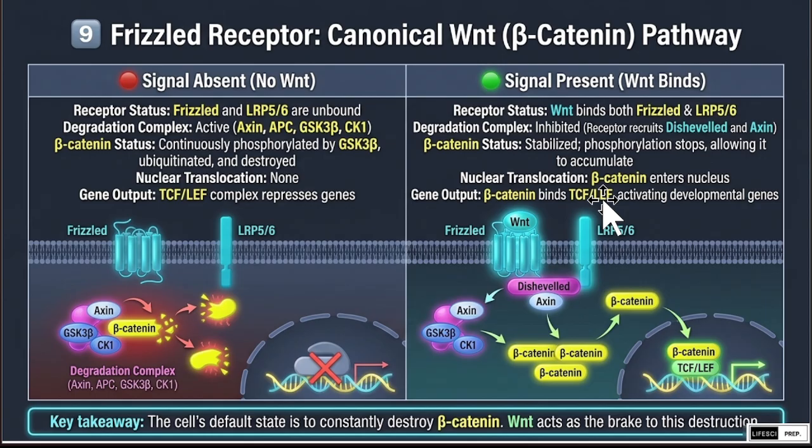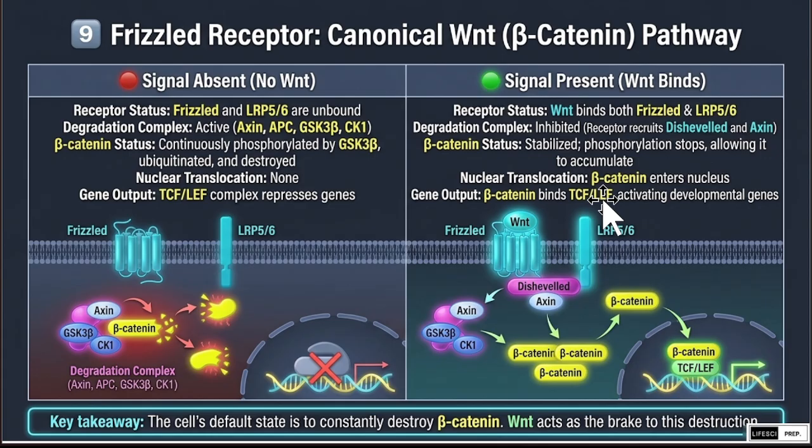In the canonical pathway, in the absence of signal, Frizzled and LRP 5 and 6 cannot bind, and due to that the degradation complex is activated, and this degradation complex transfers phosphorylation to the beta catenin, and it is ubiquitinated and destroyed so that beta catenin will not enter the nucleus and bind to the TCF or LEF complex, the repression of the gene, and due to that the DNA expression will not happen.